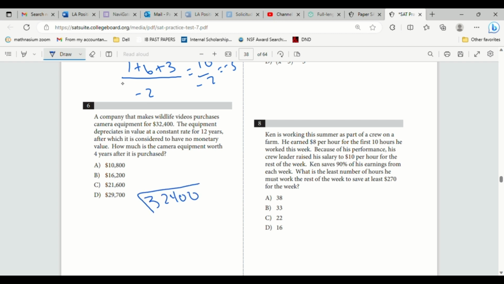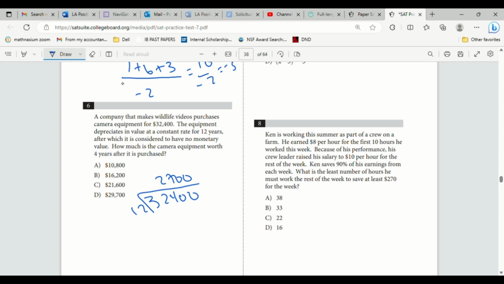Because it depreciates in value at a constant rate for 12 years, after which it has no monetary value, it drops down to 0 in 12 equal increments, once every year. So dividing 32,400 by 12, we get $2,700 depreciation per year. And now we need to figure out how much the camera equipment is worth 4 years after it's purchased.